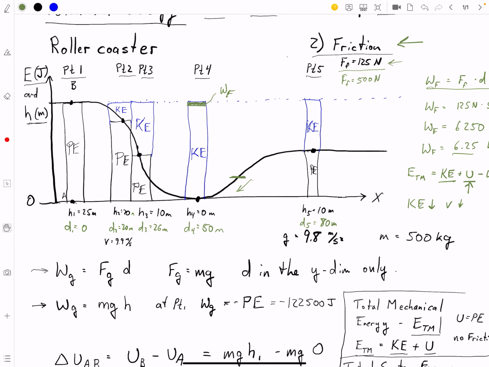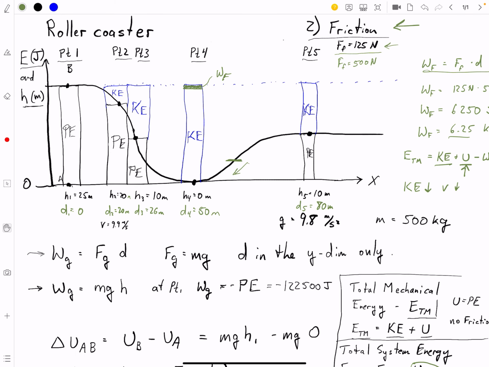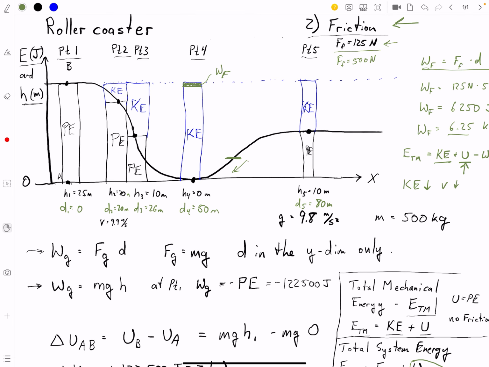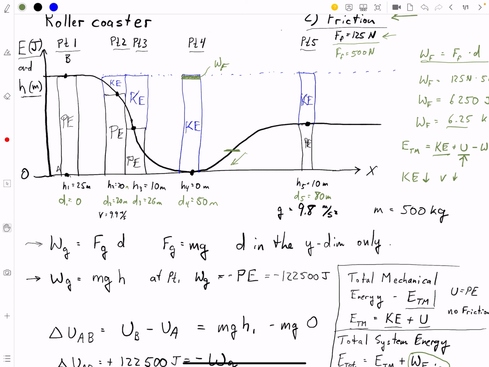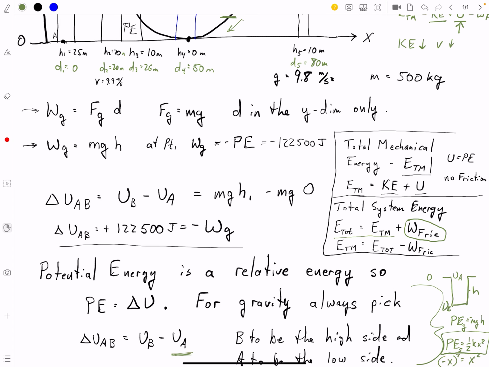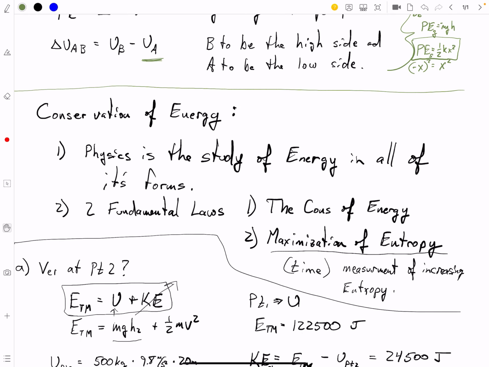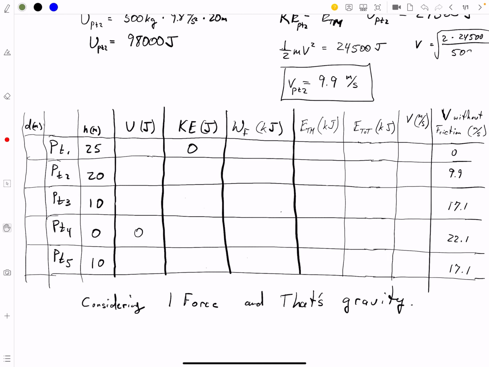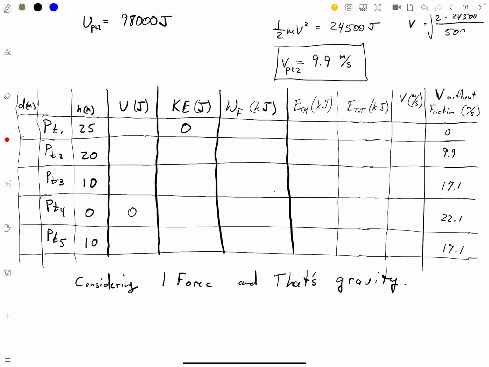So I've kind of adjusted our table down below. So we've got 0, 20, 26, 50, and 80.